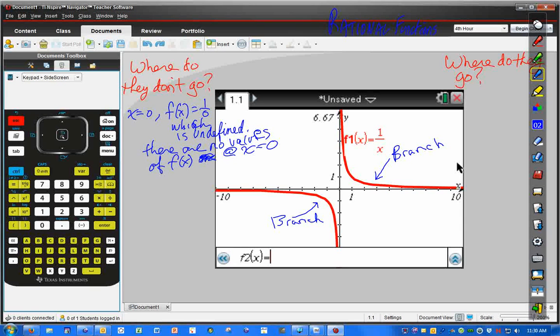Now let me ask you this. Where else, if we're dealing with f of x is equal to 1 over x, where's another problem? Where's a problem with 1 over x that we have to deal with? 1 over x cannot equal a certain number.